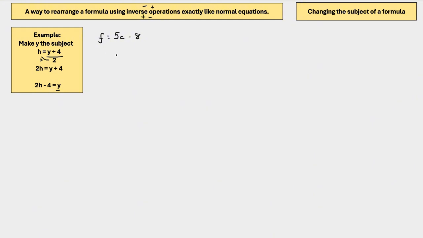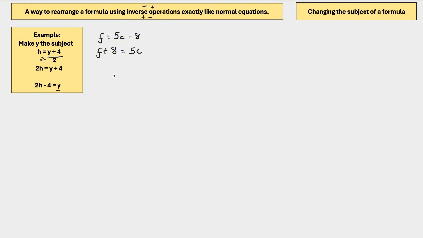I need it to be C equals. So first we're going to remove this minus 8 and move it over there, just like normal equations, okay? It's a negative, so when we go over the equal sign, it becomes a plus. So now we have F plus 8 equals 5C. You with me?